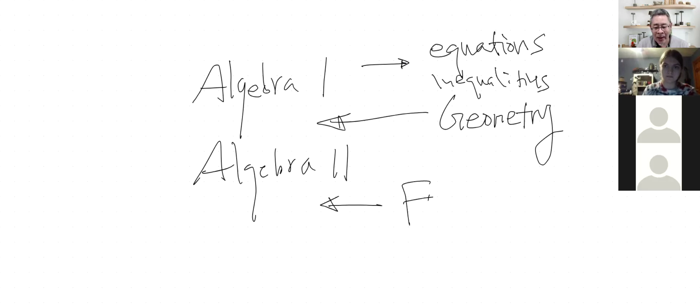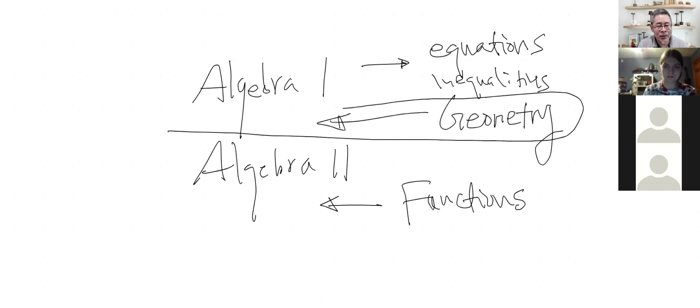The way they sneak geometry in, at least the original purpose, is to help a student understand how to prove something. Because geometry, especially Euclidean geometry, which is classic geometry, is all about proving. So that can make the foundation when we go to algebra 2, where we have that mindset.